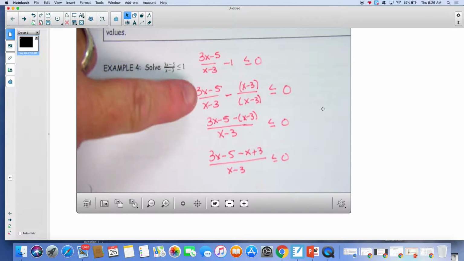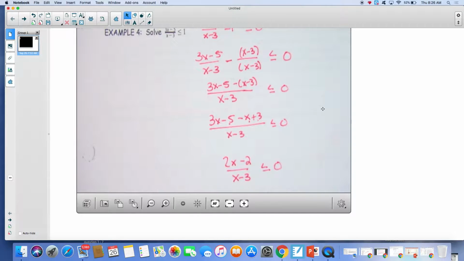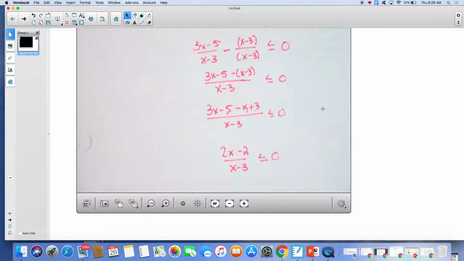Some of you may be able to go from here right down to the answer, but I'm doing one thing at a time so you can see what I'm doing. So 3x minus x is 2x. Negative 5 plus 3 is negative 2. So there's that polynomial function that we need to work with.